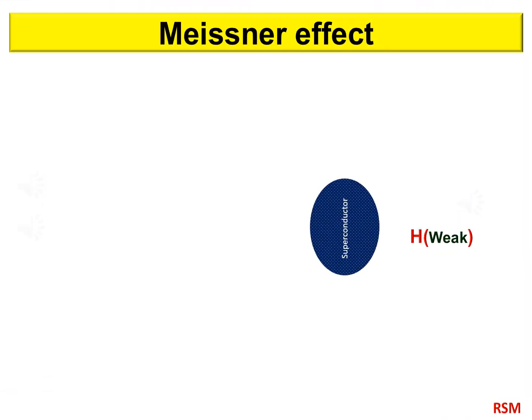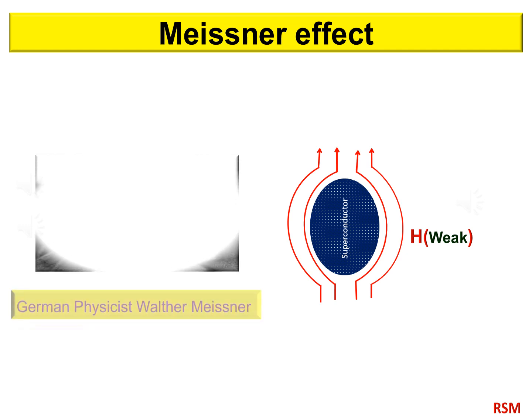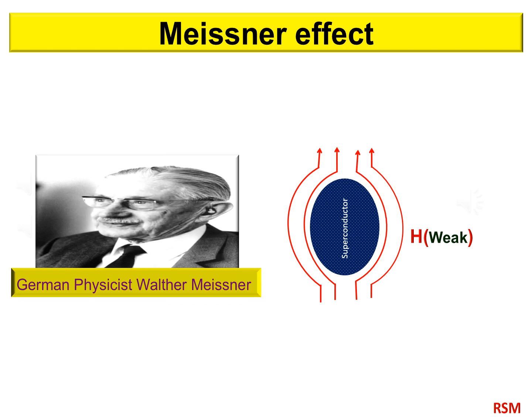If the external magnetic field to which the superconductor is exposed is sufficiently weak, then the external magnetic fields will not penetrate the superconductor, but remain at its surface. This field expulsion phenomenon is known as the Meissner Effect, after the physicist who first observed it in 1933.